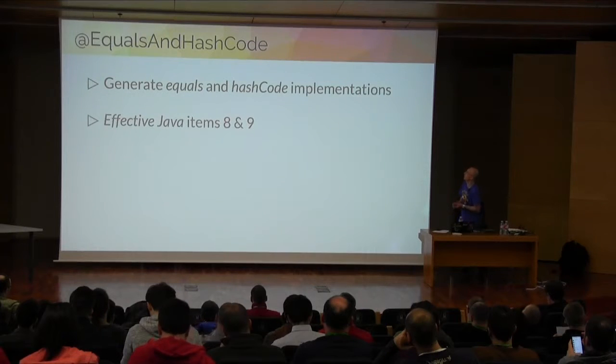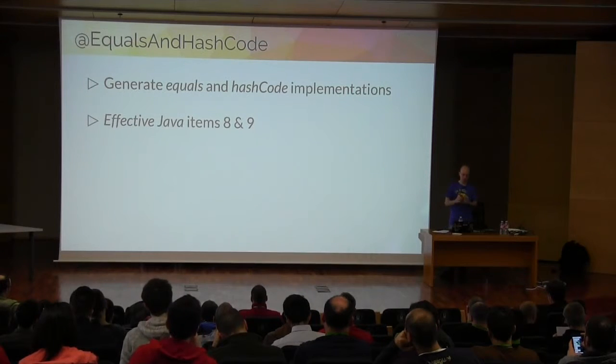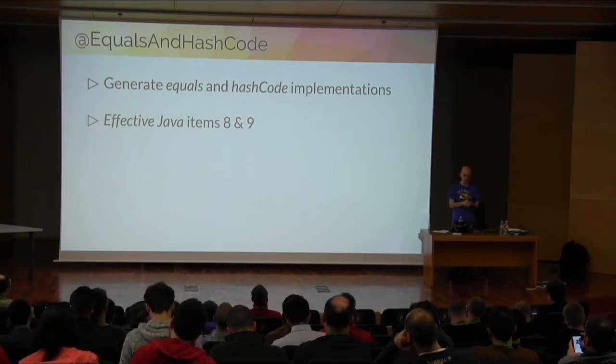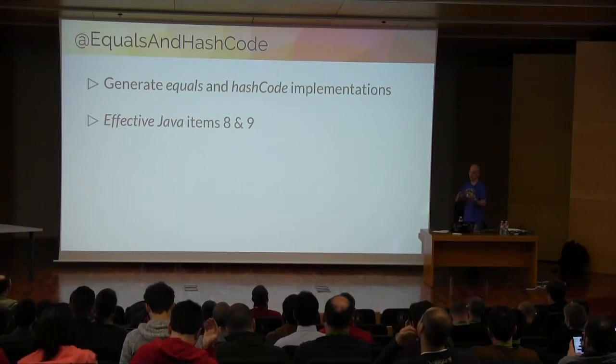Another transformation is EqualsAndHashCode that will generate this implementation for us. And remember, I'm going to talk about Effective Java in some of these items, because if you remember these items, it is not always that easy to implement equals and hashCode.